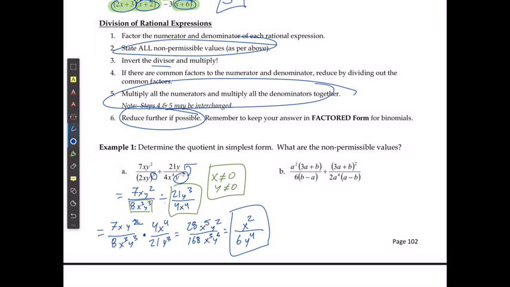For example B, I'm going to match them up by pulling the negative out and putting them in the same order.